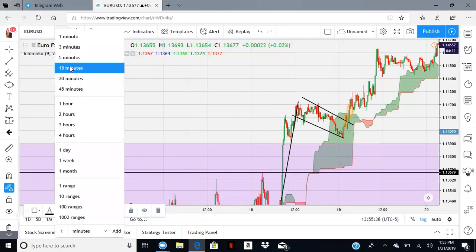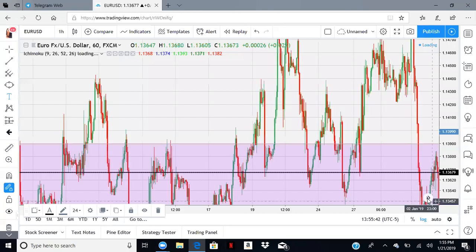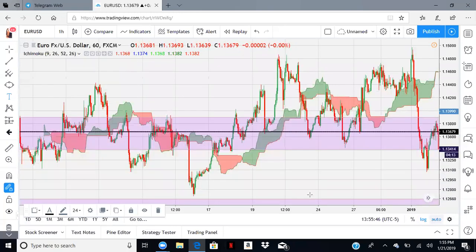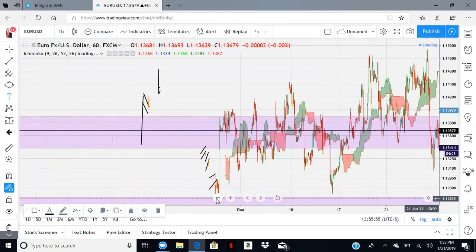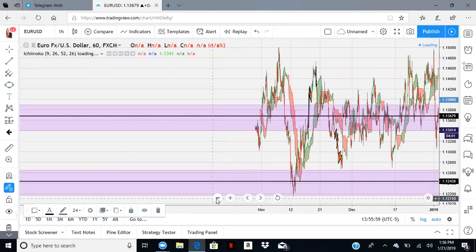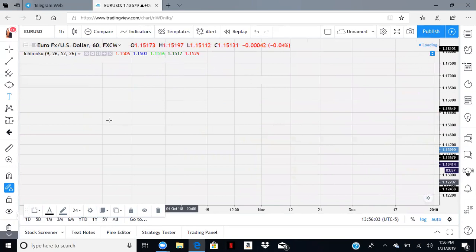All right. So now I'm just gonna kind of go. Why is TradingView being so wonky?